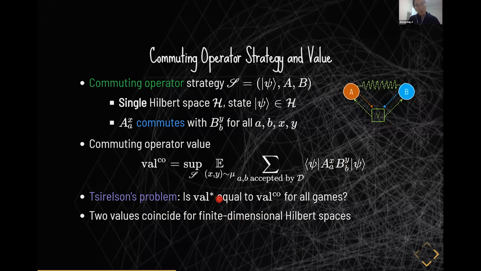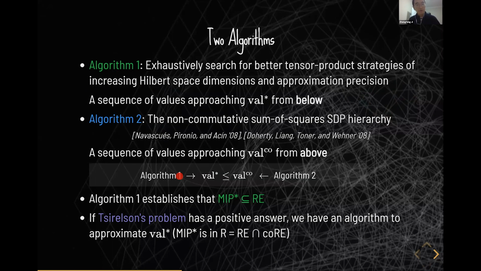So the problem would only be interesting if the Hilbert space H is infinite dimensional, but fortunately we won't be talking about the machinery of how to handle infinite dimensional operators and Hilbert spaces. We were always working with the entangled value, but the consequence is something we'll see from these two algorithms.